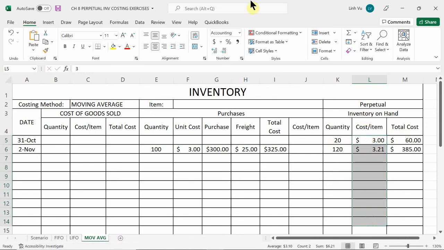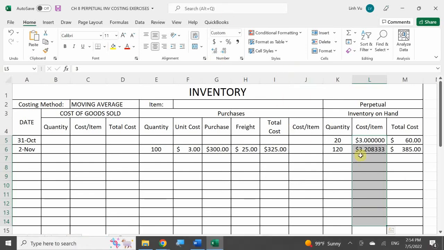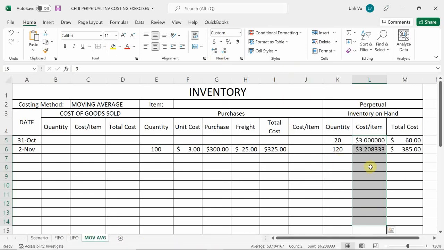I'm going to be getting these digits unrounded, so 3.2083333. That means I can go ahead and hide this. So right now I have exactly 120 units available costing me $3.20833, which gives me a grand total of $385.